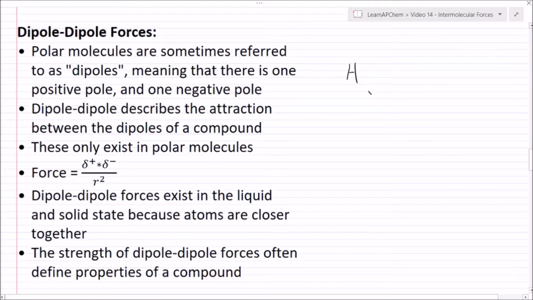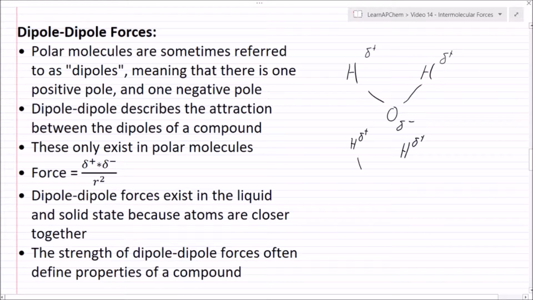So if we look back to H2O, or water, I know that we have these dipoles where oxygen is sort of hogging my electrons, and so oxygen becomes a negative dipole and the hydrogens become a positive dipole. Now dipole-dipole forces talk about the attraction between these dipoles.